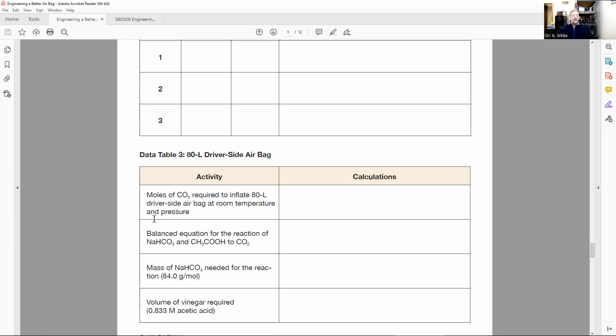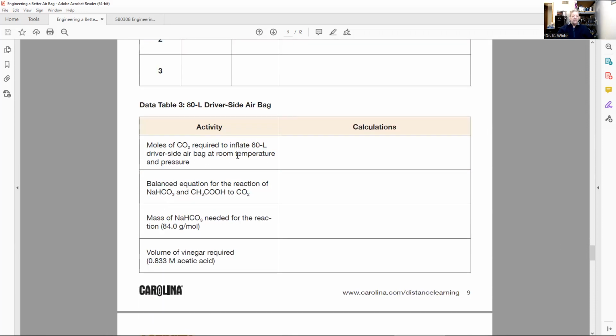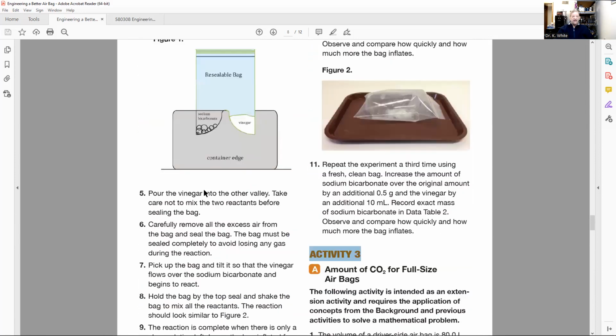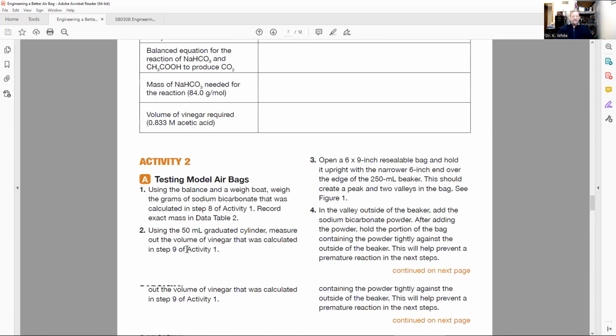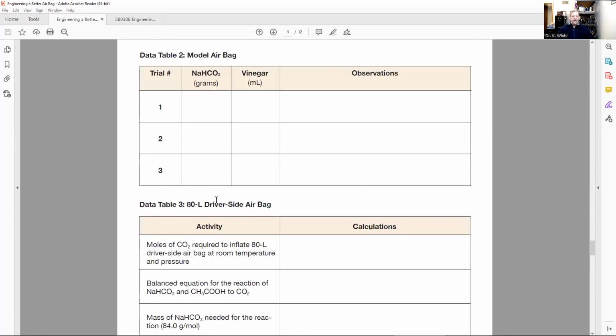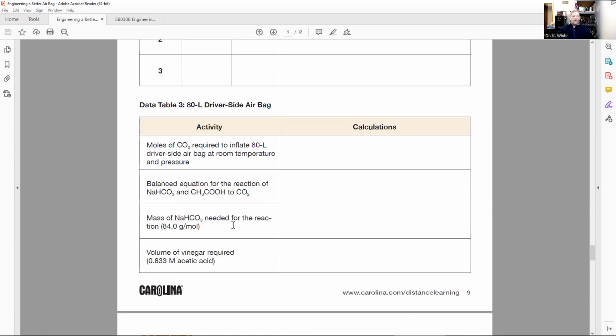Now in table 3, you'll put the moles of CO2, the balanced chemical equation, which will be the same as you wrote up here in table 1, and the grams of sodium bicarbonate and the vinegar. Remember, this is when the volume in PV equals nRT is 80 liters.